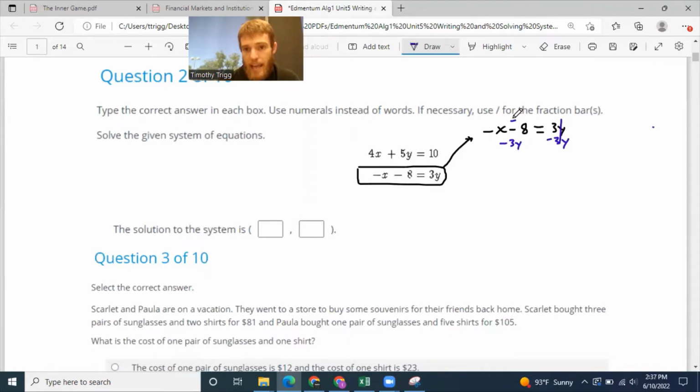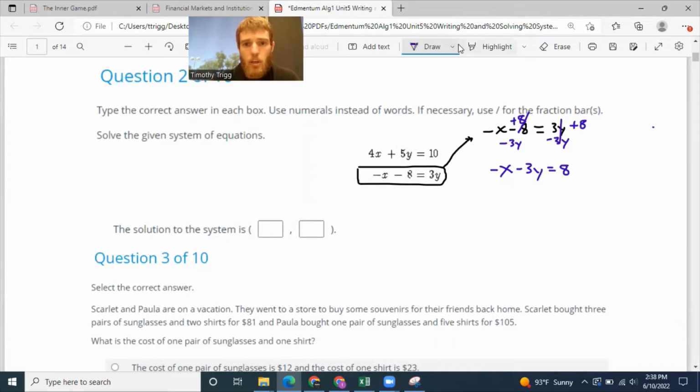And then I'm going to add 8 to both sides. I'm kind of doing this all in one step, but if you need to use multiple steps, that's fine. So on the left side now we have -3x minus 3y equals, and then we have 8 on the other side. So now this bottom equation is in the same order as the top equation.